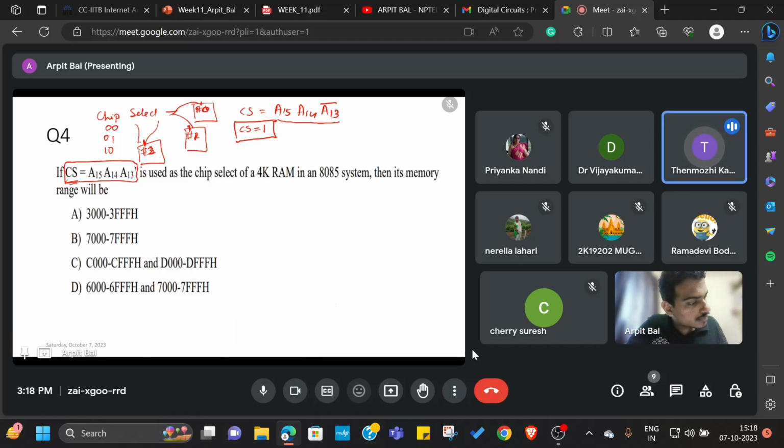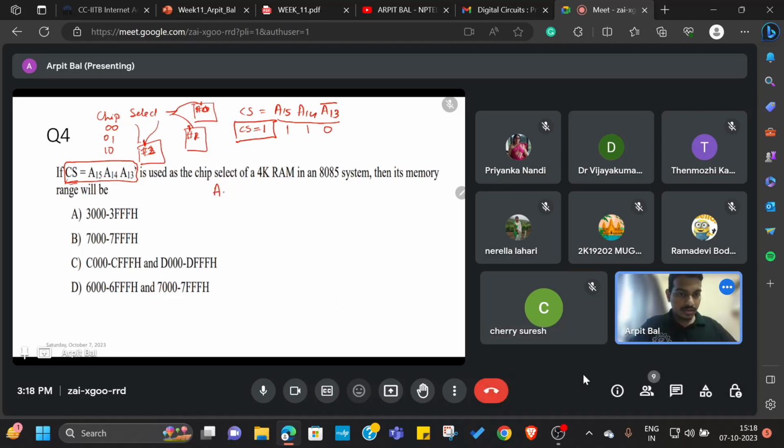A15, A14, A13 as 110. Correct, because A13 is complemented. So if A15, A14 and A13 is 110, then this chip select will be enabled. We know that the address bus is 16 bits.